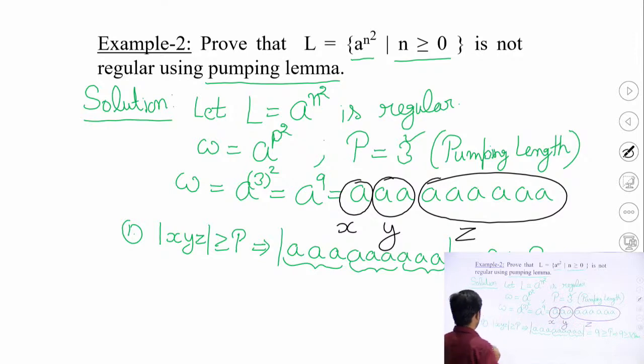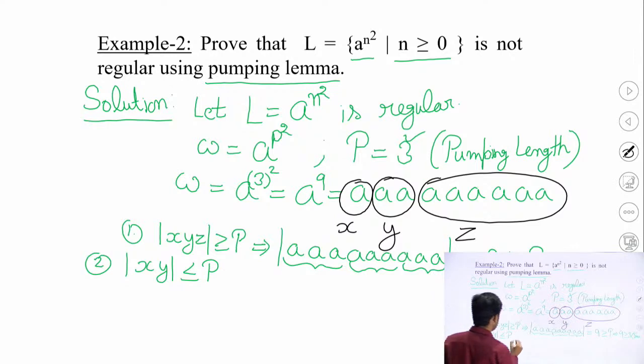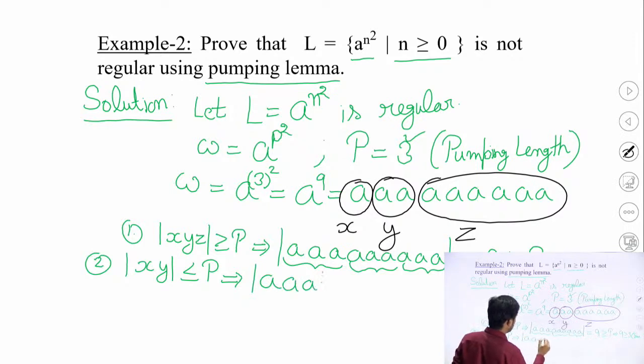Now check the second condition. Second condition, mod of x, y is less than or equal to p. So see, what is x? x is a. What is y? y is a.